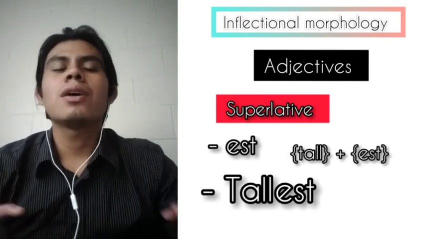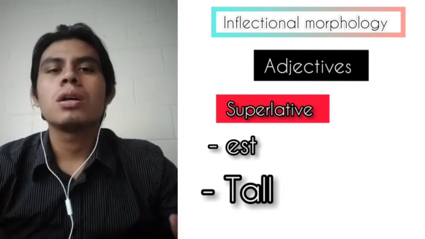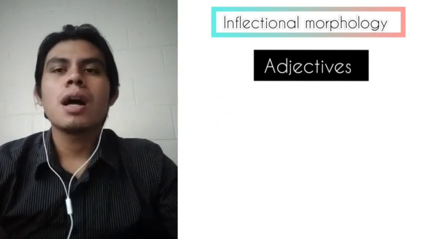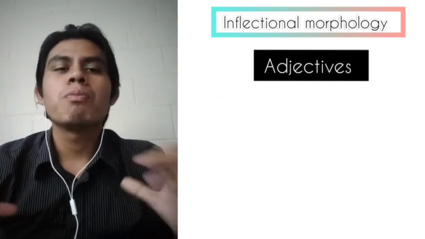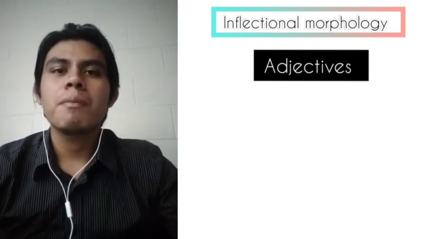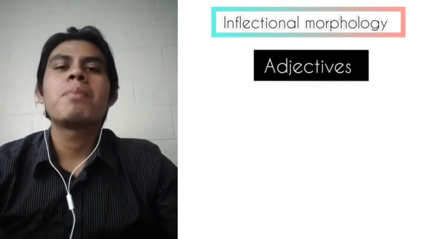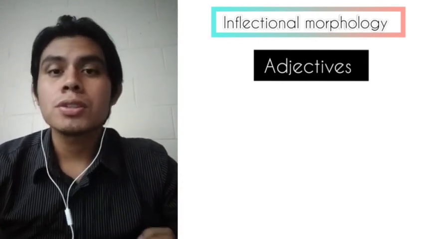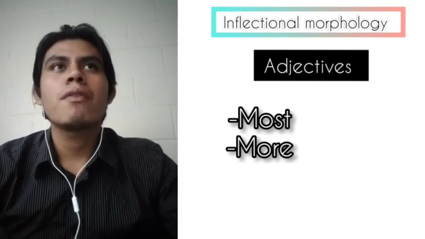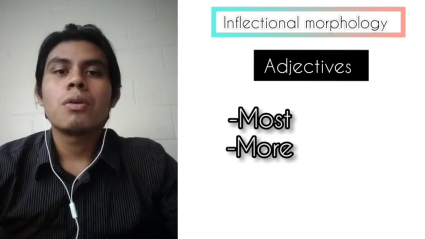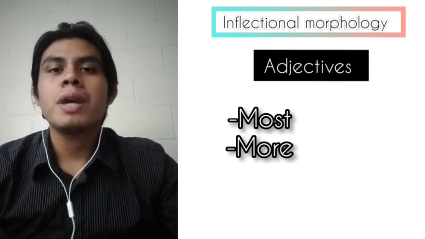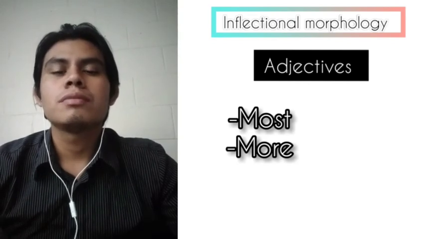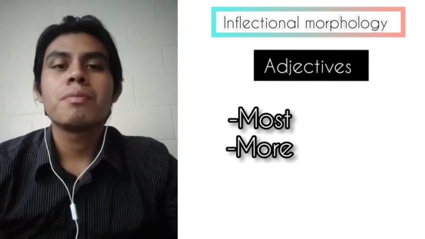And notice that all the examples only have one or two syllables, right? Because adjectives with more than two syllables can be made comparative and superlative by the addition of more and most, right? For example, we have the word beautiful. If we want to make it comparative, we say more beautiful, right?